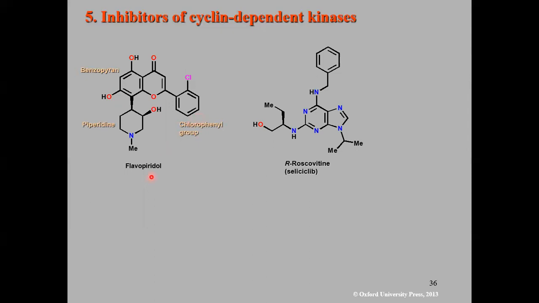Flavopiridol contains a benzopyran ring, a piperidine ring, and a chlorophenyl group. The benzopyran group has a hydrogen bond donor and hydrogen bond acceptor, and I think now you know where these are going to interact with the enzyme, at the hinge region.